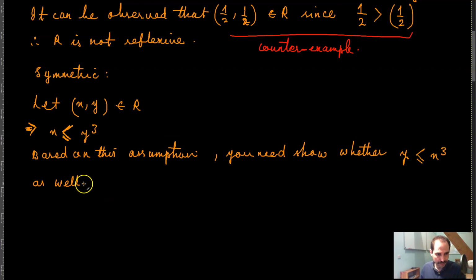So it's not easy to decide if x is less than or equal to y cubed, or at least I cannot do it right now. I'm not really able to decide whether, if x is less than or equal to y cubed is my assumption, that implies that y is less than or equal to x cubed, right?